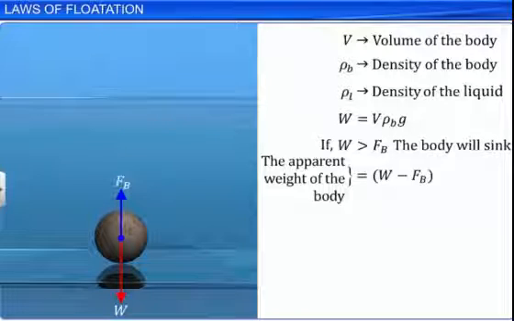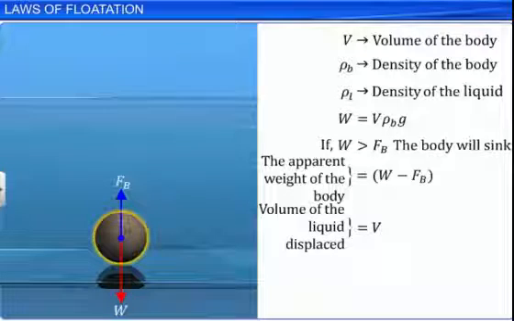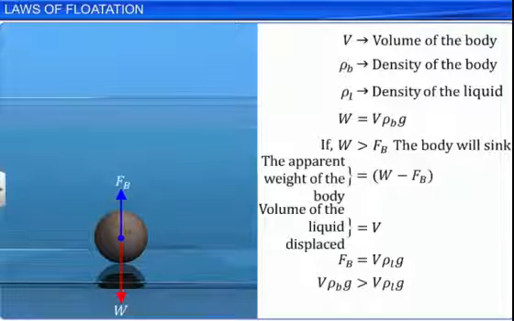Since the body is completely immersed in the liquid, the volume of the liquid displaced is equal to the volume of the body V. The force of buoyancy acting on the body, which is the weight of the liquid displaced, is equal to V into ρl into g. Since the weight of the body is greater than the force of buoyancy acting on the body, the density of the body sinking in the liquid is greater than the density of the liquid.